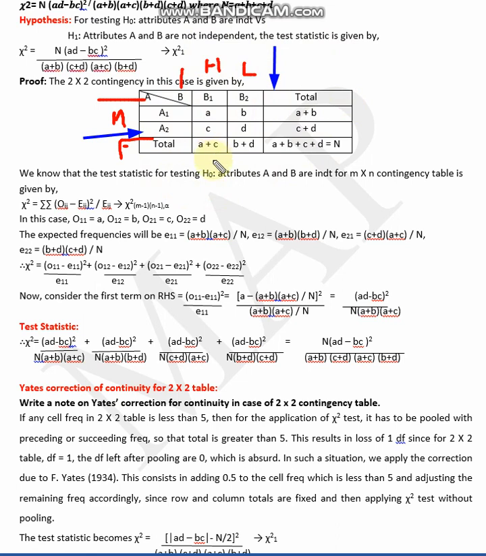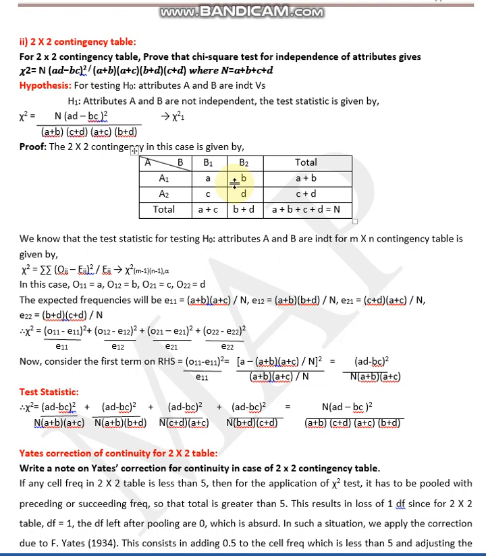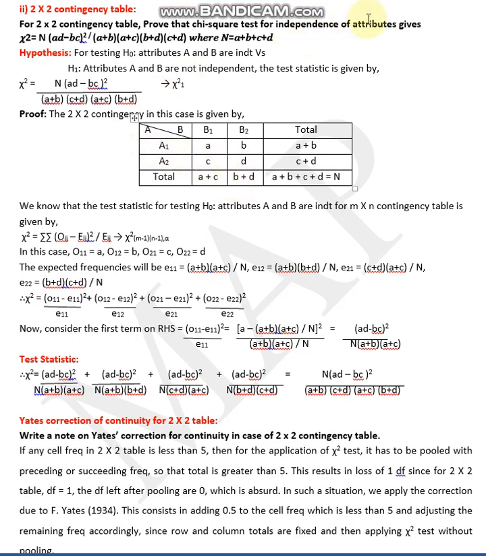Now how to test whether the two attributes A and B are independent or not with the help of a 2 by 2 contingency table. So now we will discuss this. This is a particular case of m by n contingency table. So what is my hypothesis?